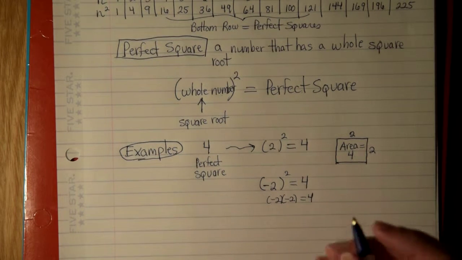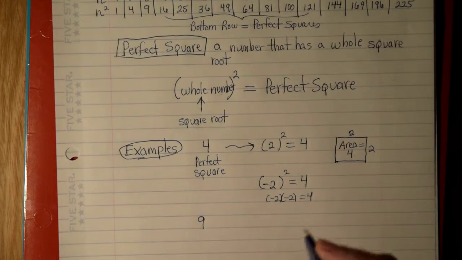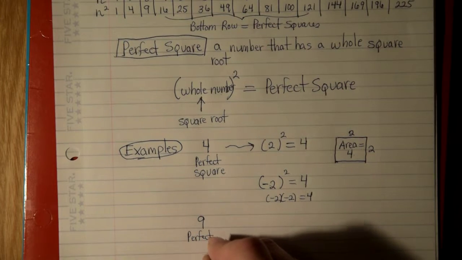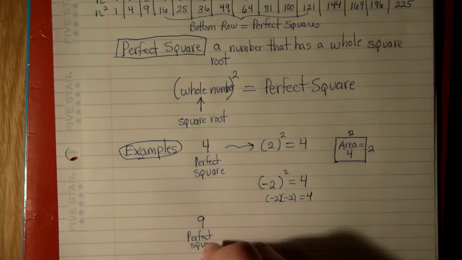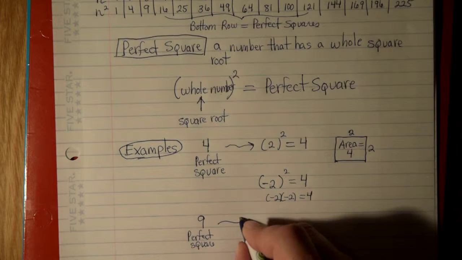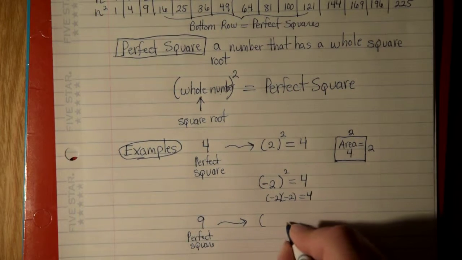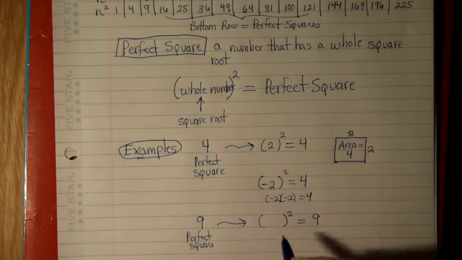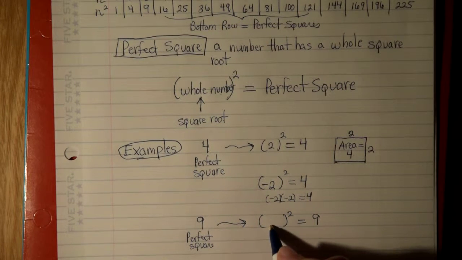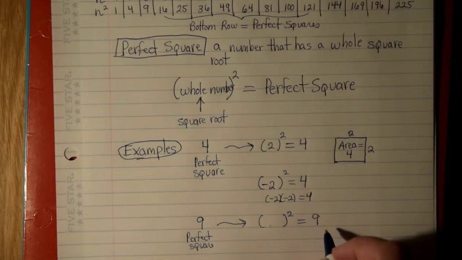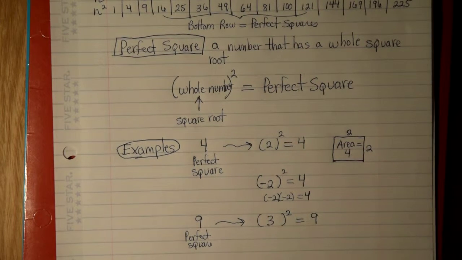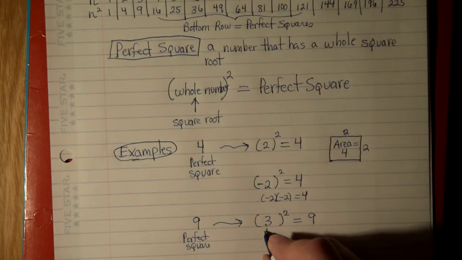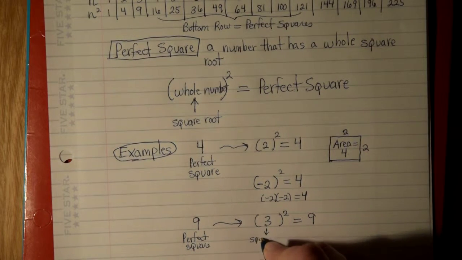Now let's do 9. Right, 9 is a perfect square. So I can write it like this. There must be some whole number that squared makes 9. Well, that's going to be a 3. And 3 would be the square root of 9.